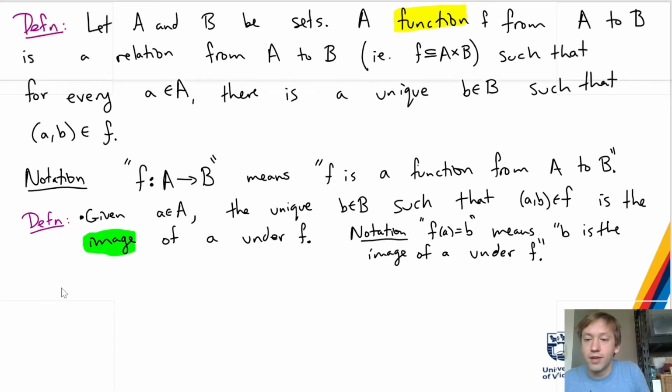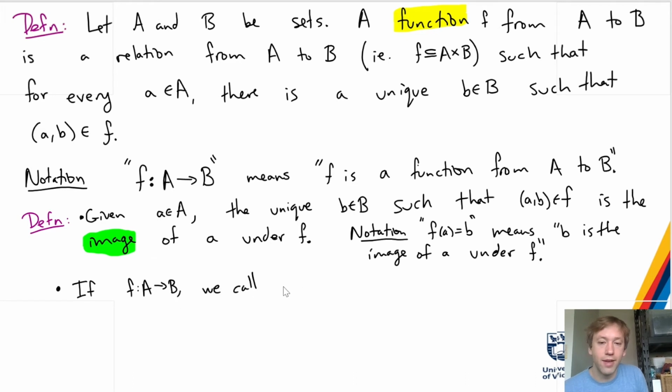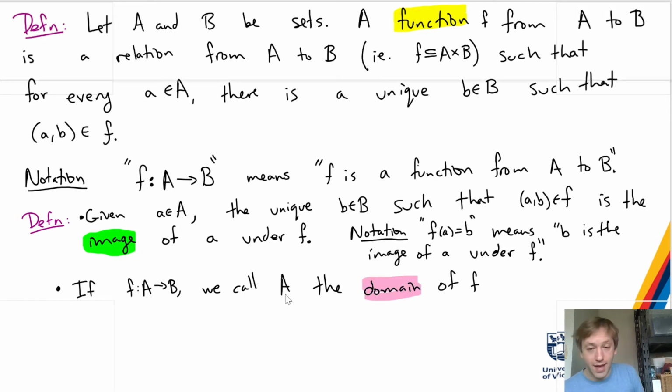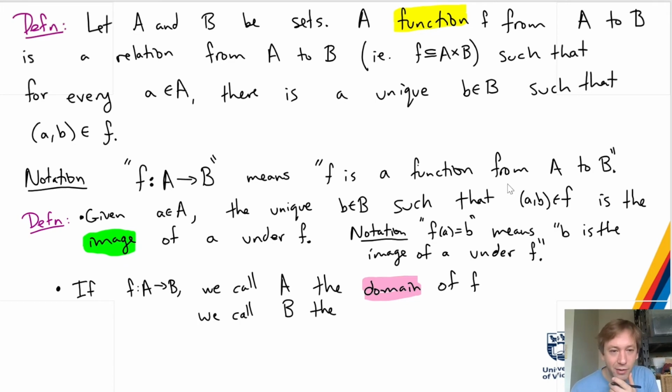Another thing I want to define is, if f is a function from A to B, we call A the domain of f, and we call B the, well, you might be guessing right now that I'm going to say range, but I'm not going to say range. B is called the codomain of f, and there is a difference.